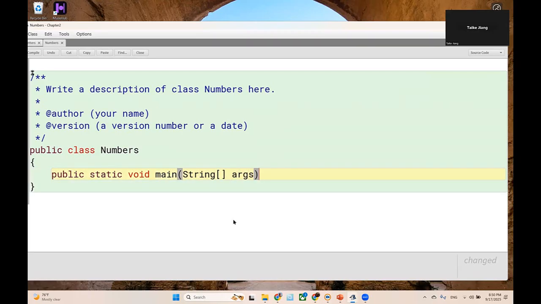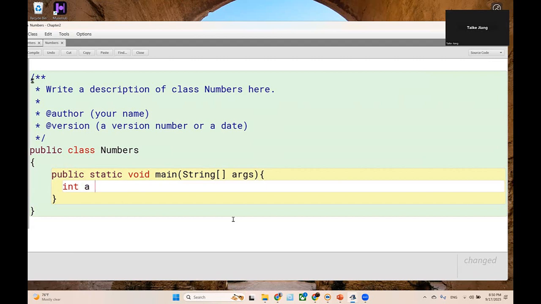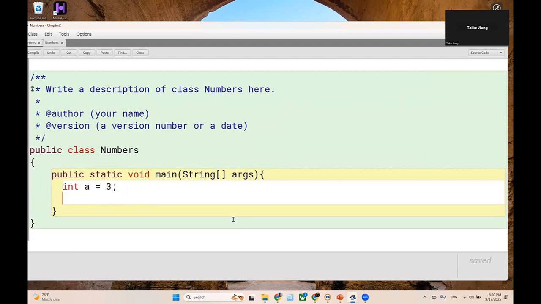Right now, if you keep this slow, you cannot catch up. So we do have integer a equals 3. Then you may have integer b equals 0b 0, 0, 1, 0, 1, 0, 1, 1, 0.